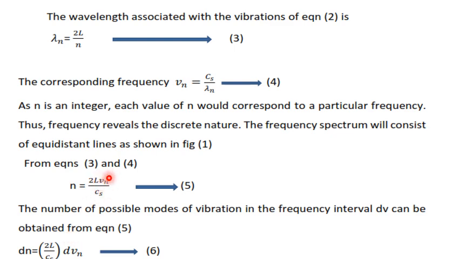So this is the number of possible modes of vibration in the frequency interval d nu when the wave vibrates in a one-dimensional mode: dn is equal to 2L divided by Cs d nu n. This is the mode of vibration in the one-dimensional mode.